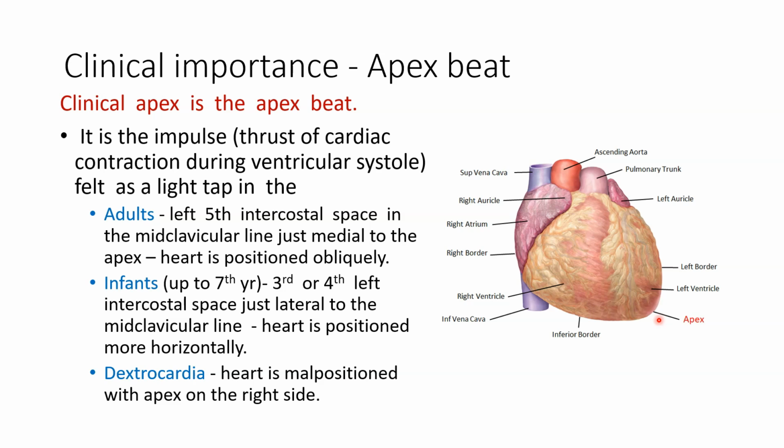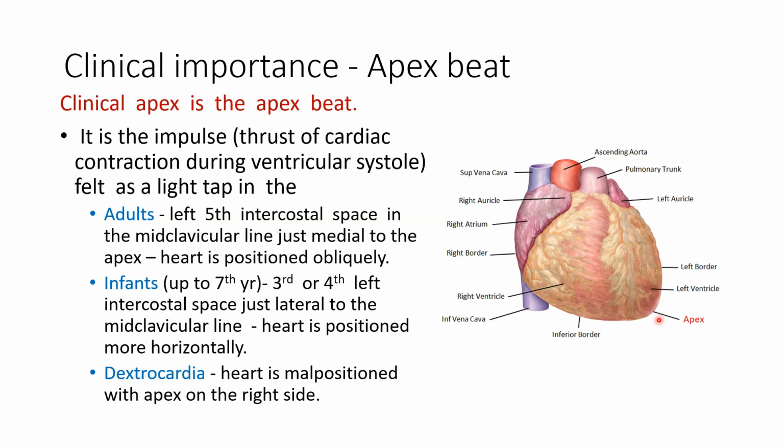The heart is positioned obliquely. So in adults, the apex beat will be in the left fifth intercostal space, in the mid-clavicular line, just medial to the apex.